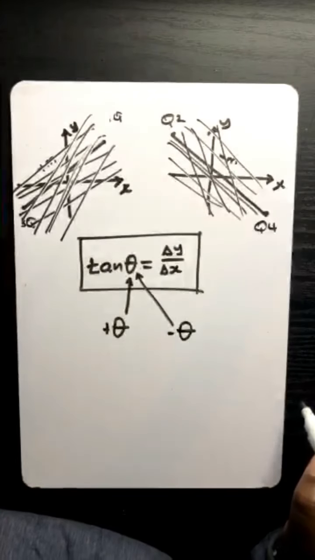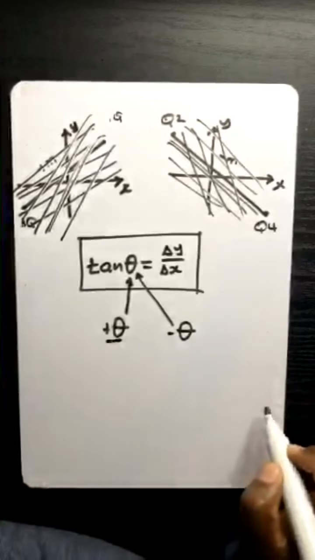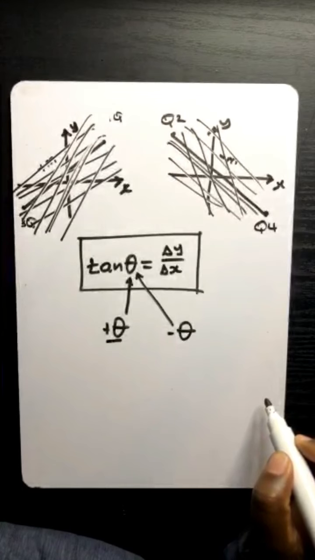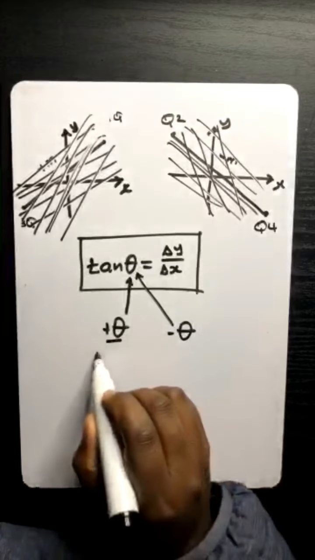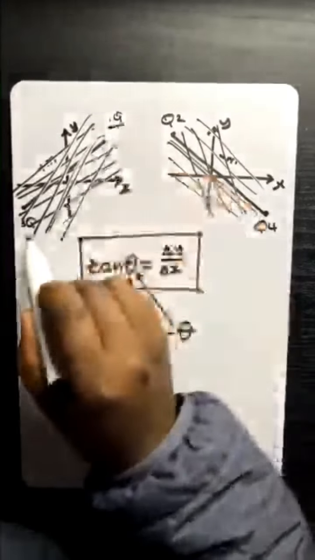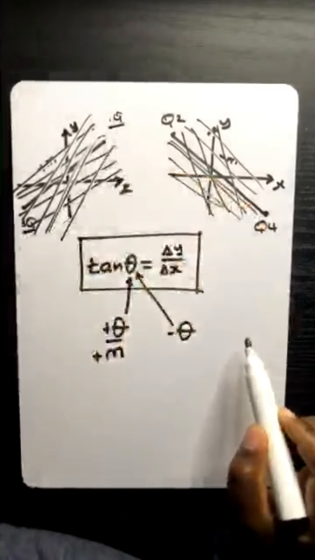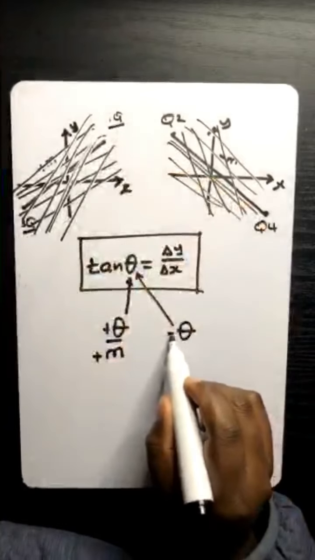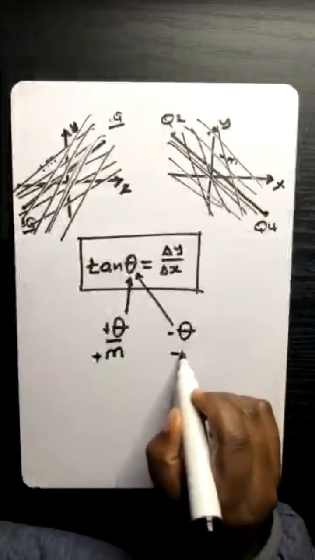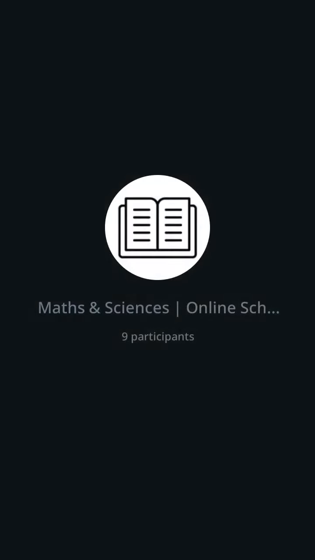Here comes a question: in which situation are you having a positive angle? That's if you have a positive gradient, or a line that ends in quadrant 1 and quadrant 3. Where you have a negative gradient, you get a negative angle.